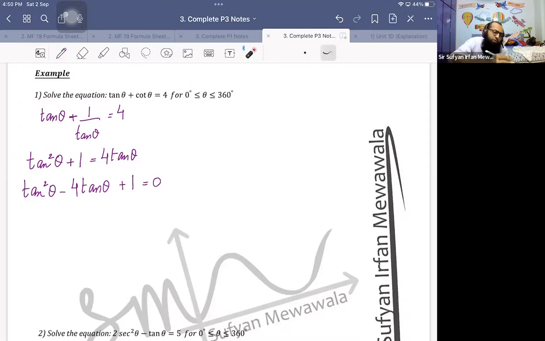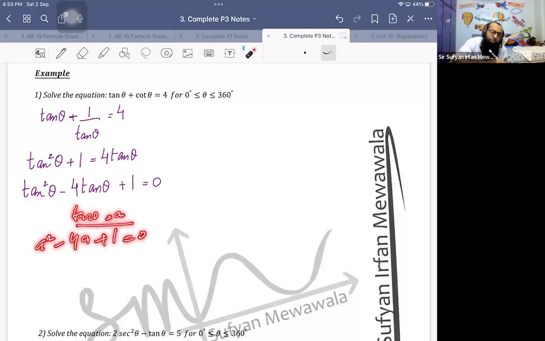Then you first have to check whether you can do middle term breaking. Is there any possibility of middle term breaking over here, if you can factorize it? This is a quadratic equation, by the way. You can also write tan theta equals a, and then say a squared minus 4a plus 1 equals 0.